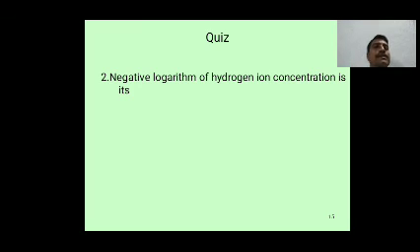The negative logarithm of hydrogen ion concentration is called: A, pH; B, pOH; C, pKa; D, pKb. The answer is A, pH.